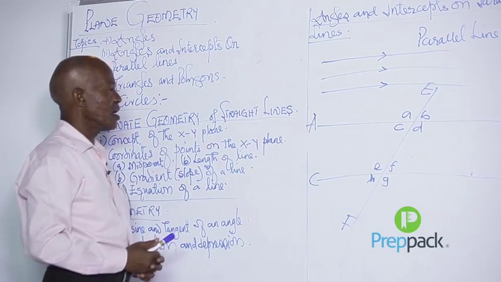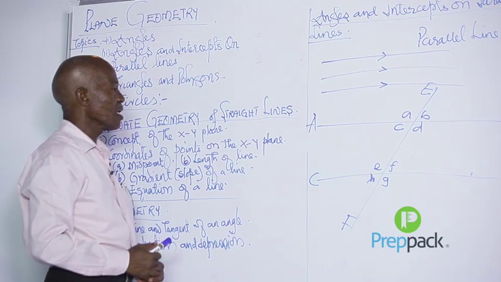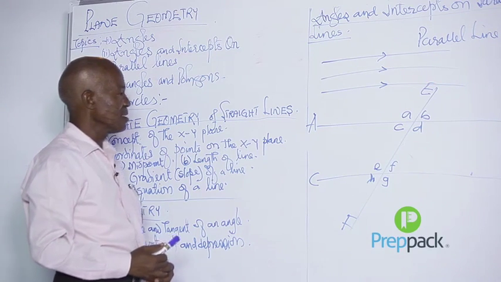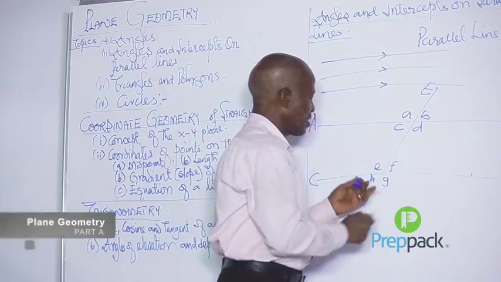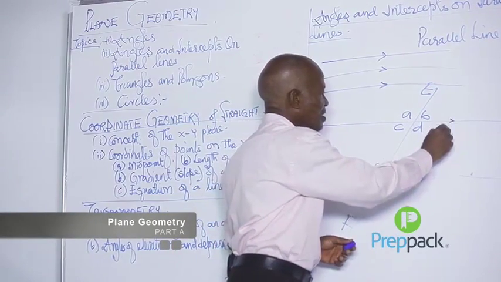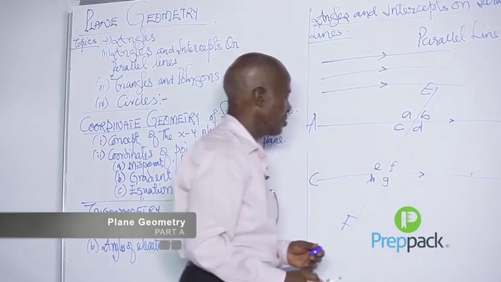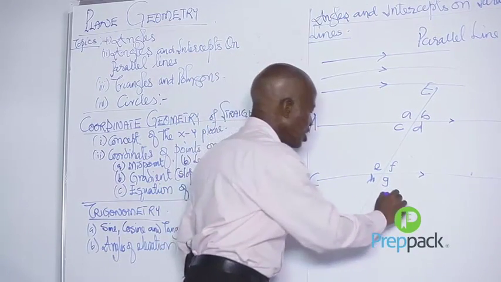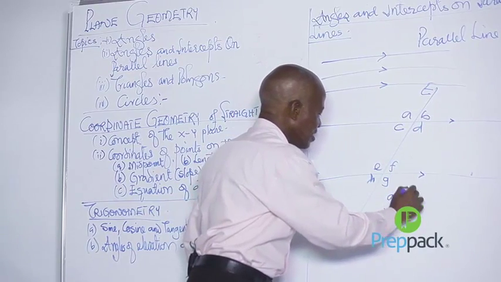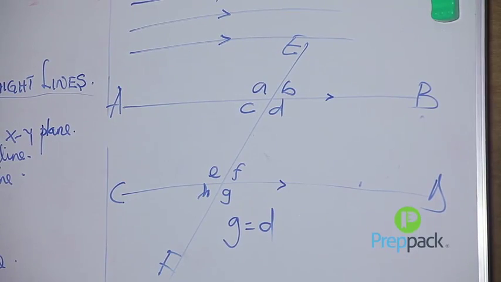When we consider angle G, which is below this parallel line, the parallel indication is given by the arrow, G is equal to D. What is the reason?